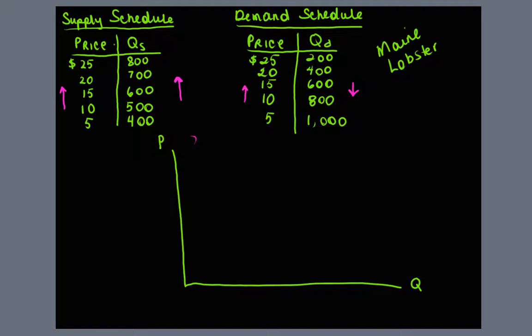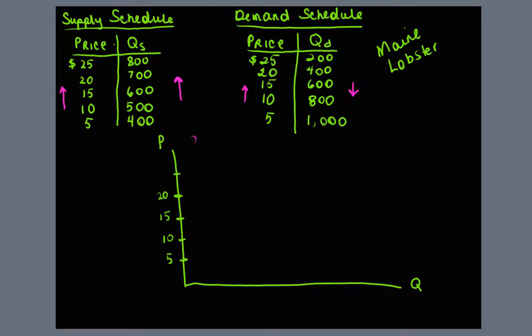And so I'm going to now come over and label my price and quantity axes. I'm going to be specific because I'm given specific information. So I'm going to say that this is $5, this is 10, this is 15, this is 20, this is $25.